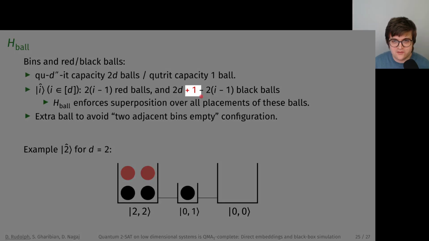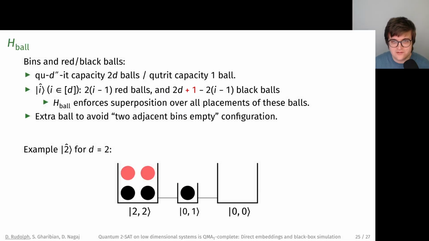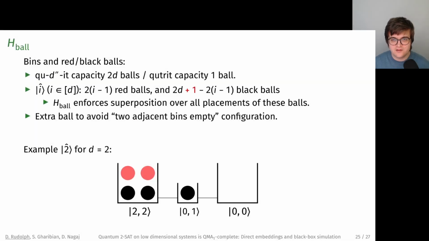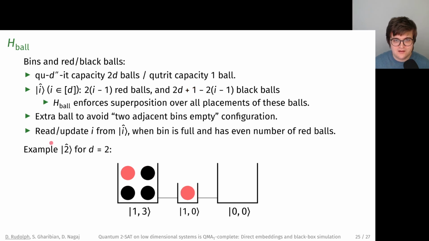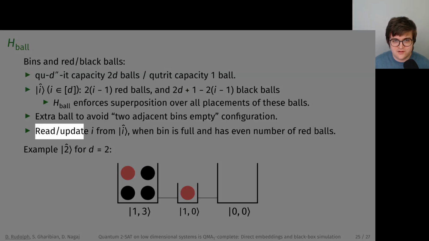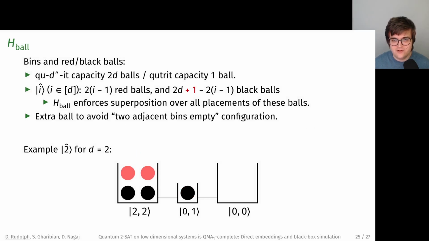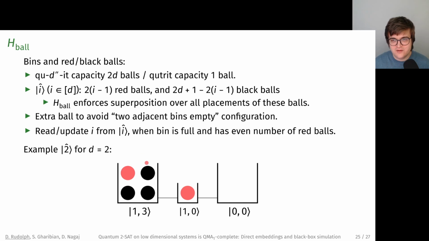And so we have this extra ball here just to avoid that there would be a configuration where two adjacent bins are empty, which is sort of a technical aspect of the Hamiltonian construction. And what we can then do is read or update the logical i from the encoded state by only acting on the configuration where the bin is full, so like this, and it has an even number of red balls.